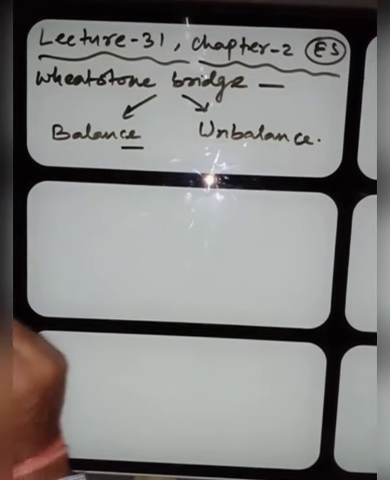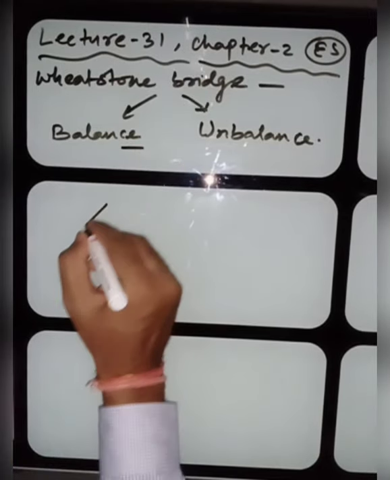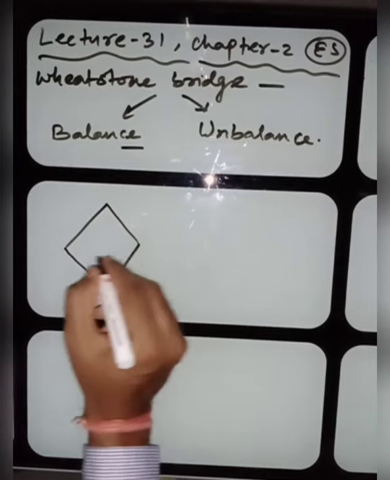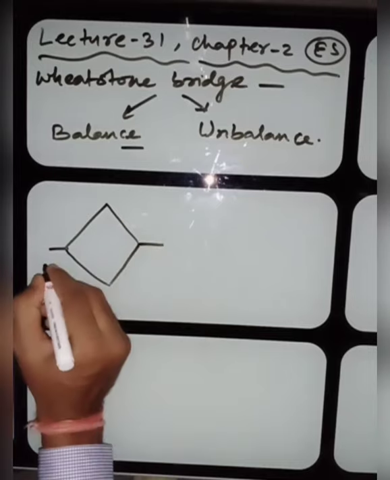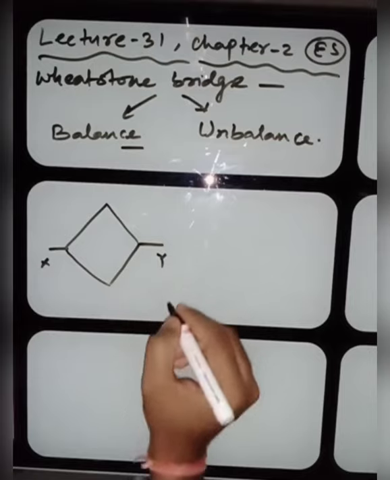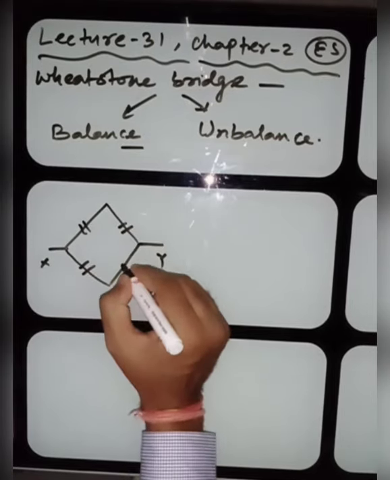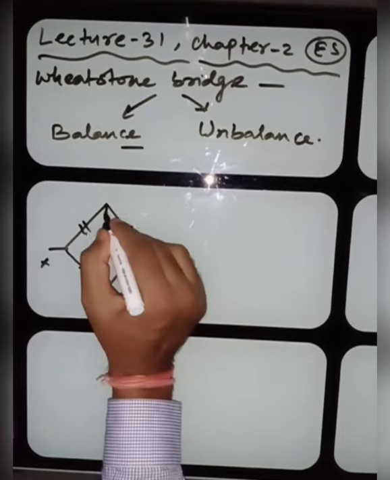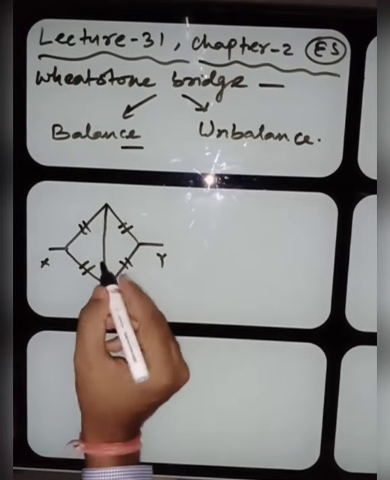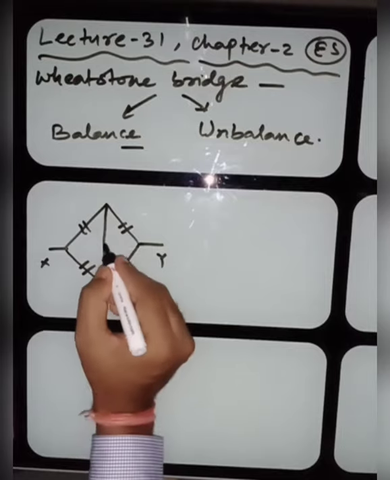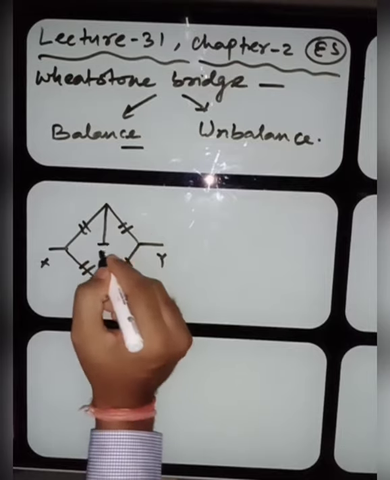The balanced Wheatstone Bridge structure will look like this. This is the terminal X and Y. You will have the 4-arm capacitor. And this one is the bridge. This is the 2-arm and 2-arm. And this is the bridge. This will also contain a capacitor.